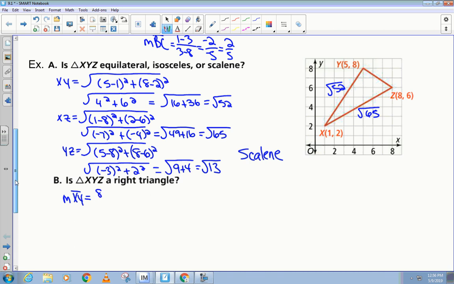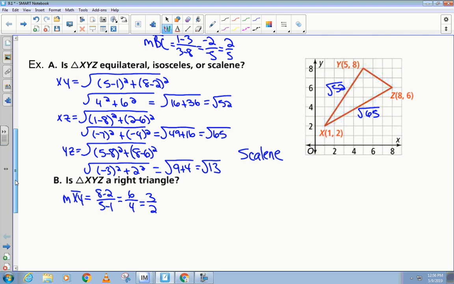So 8 minus 2 over 5 minus 1. Sometimes you really have to think when you go to do this. Do I add or subtract? What's the formula? You may want to write it down, so that you don't get them mixed up, because they're easy to get mixed up when you're interchanging them. So you get 8 minus 2, which is 6, 5 minus 1, which is 4, and that is 3 over 2.